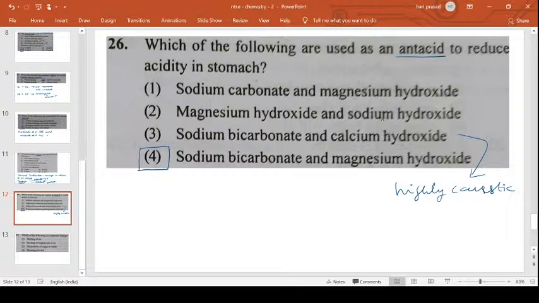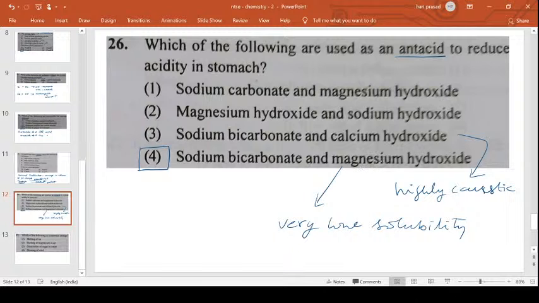Sodium hydroxide is a strong base, therefore sodium hydroxide is not used. What about magnesium hydroxide? Magnesium hydroxide has very low solubility and low basic strength. After neutralizing the gastric juice acid, the remainder also has very low solubility and very low basic strength.